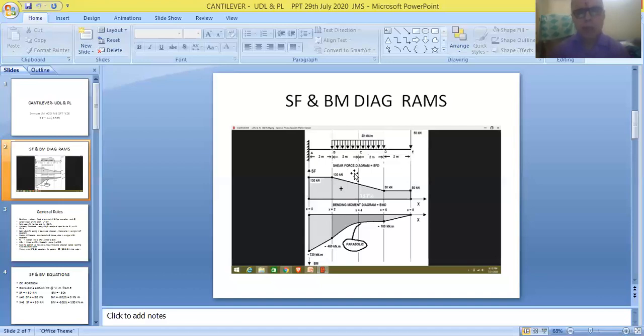So friends, marking of points is very essential.